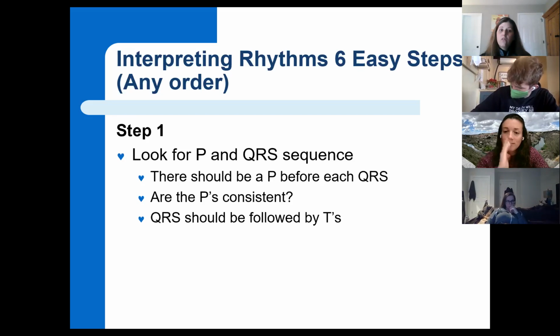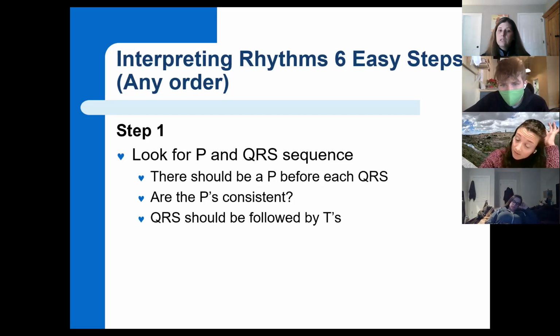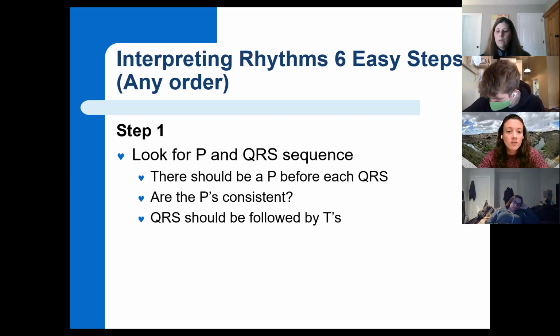You need to see, are they consistent, meaning regular? And a QRS should be followed by a T because the T represents the ventricular repolarization. If you had a QRS, you have to have a T. So number one, look for a P and QRS sequence. Okay?